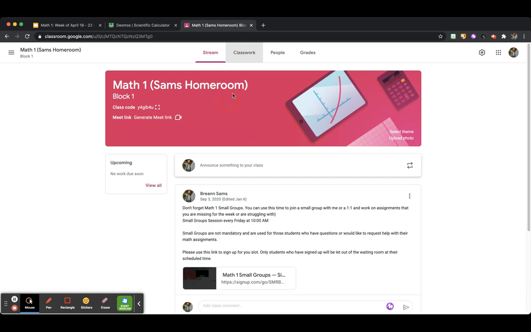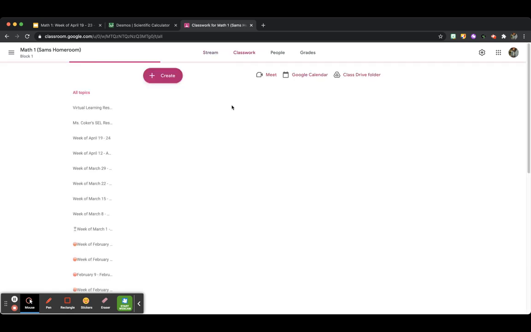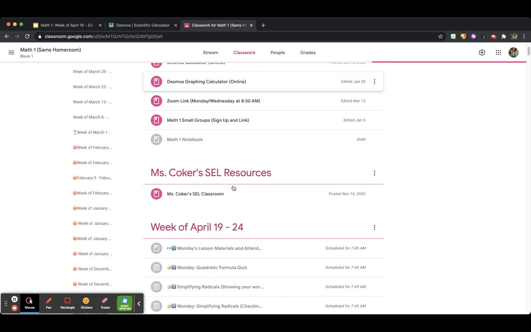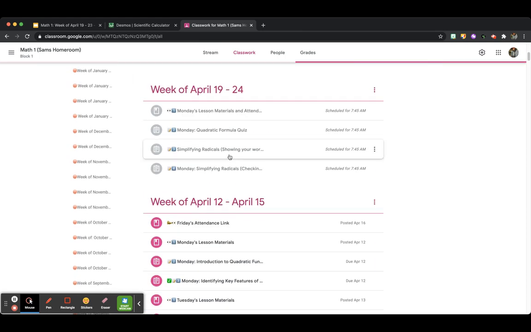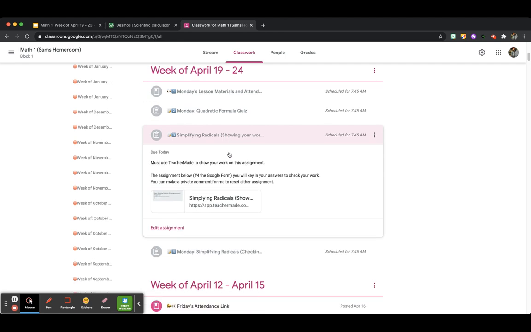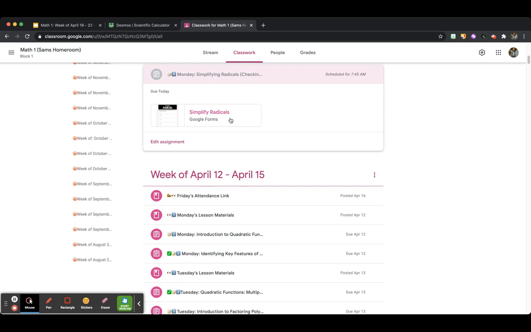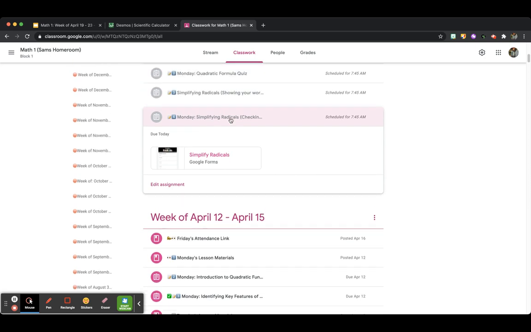The very first assignment is the teacher-made assignment, and it's going to ask you to show your work. So it is one that you can write on. You are simplifying right here by showing your work. And then number 4 is a Google form where you're going to be able to submit your answers and you will get your grade back.